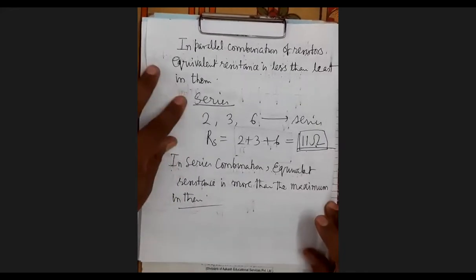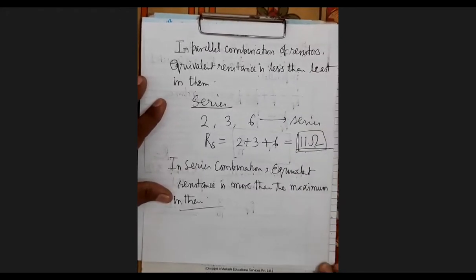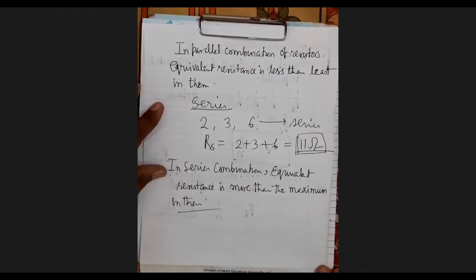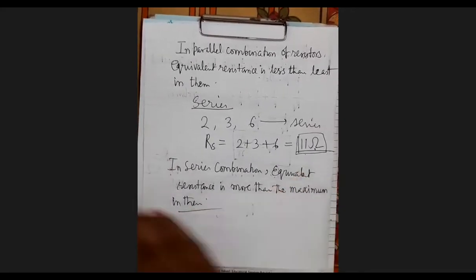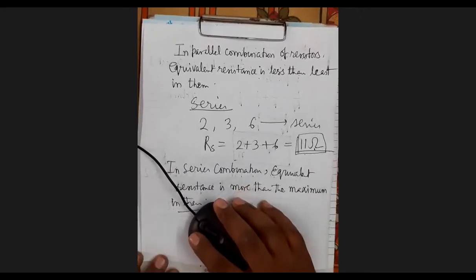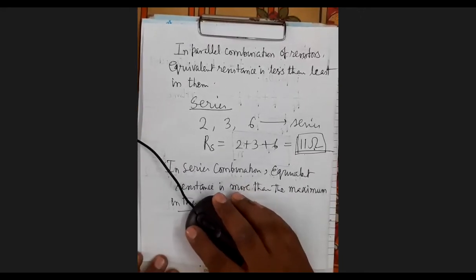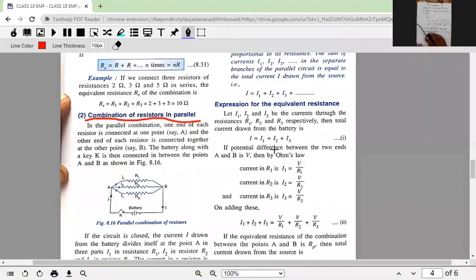Equivalent resistance of some resistors will be more than the maximum in them. So this is all about the parallel combination. You can see here everything I have told here.